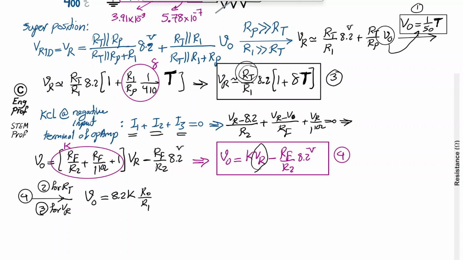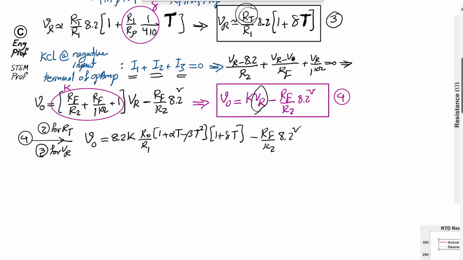I'm substituting RT. R0, 1 plus alpha T minus beta T squared. And then we have that is the replacement for VR. And then we have 1 plus gamma T remaining, minus RF over R2 times 8.2 volt. Okay, so what is the benefit of writing it this way? The benefit is we are now getting the result we wanted.